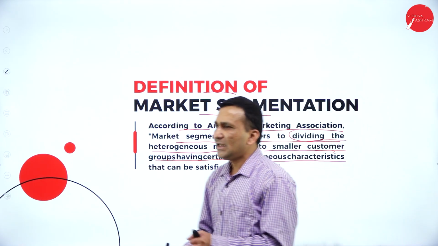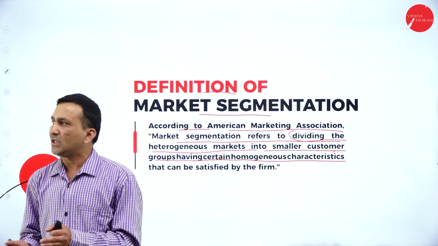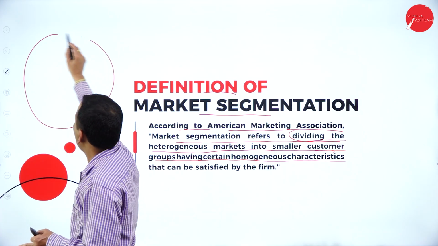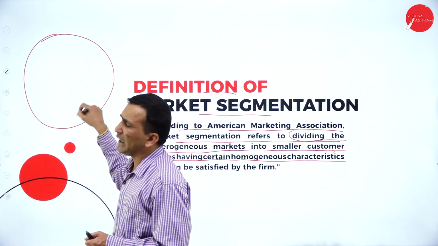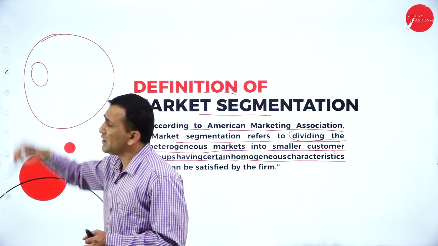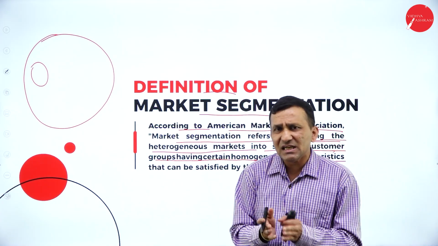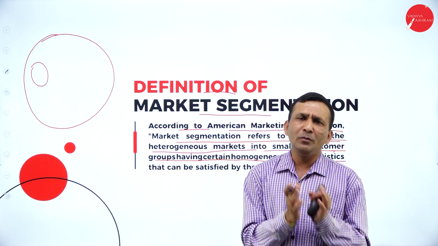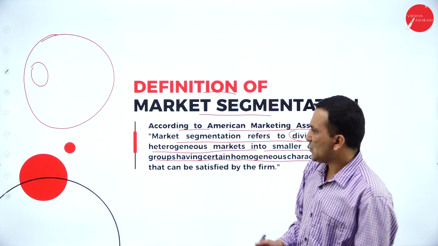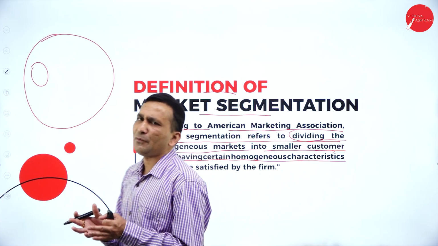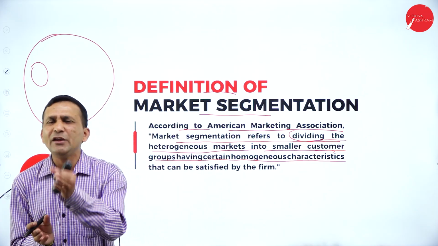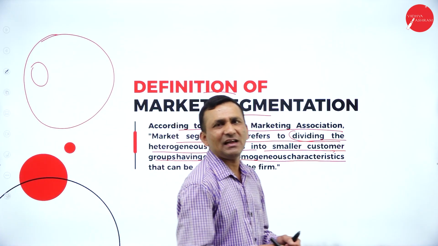That means the heterogeneous, something unique, the total very big city or any country, we are dividing into smaller homogeneous requirements. Heterogeneous means something unique, but homogeneous means similar. So when we are offering a product for the unique, you can only expect the unique customers to purchase.